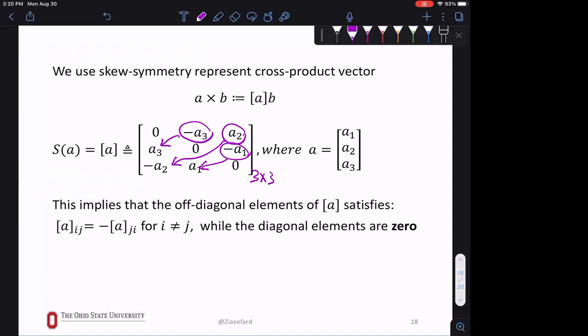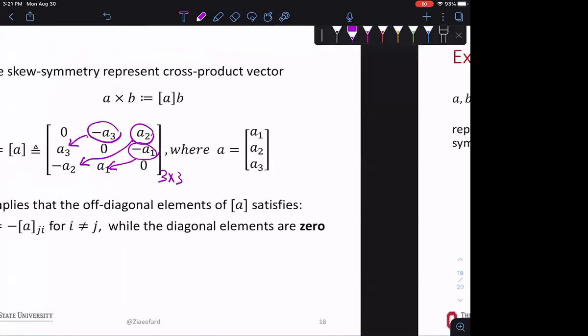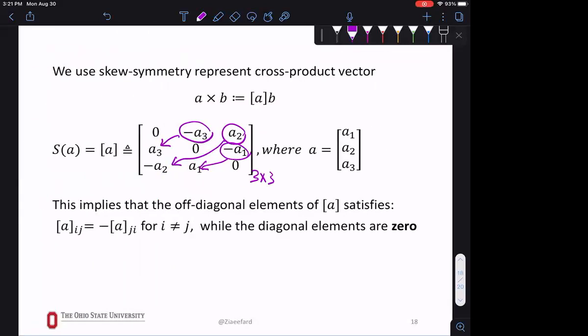Why is this important? Why is this useful? In robotics, a lot of the time, instead of doing the cross product A cross B, we use an equation to perform the cross product for us. So A cross B is the skew symmetric matrix of A times B. So we convert the cross product to a matrix multiplication.